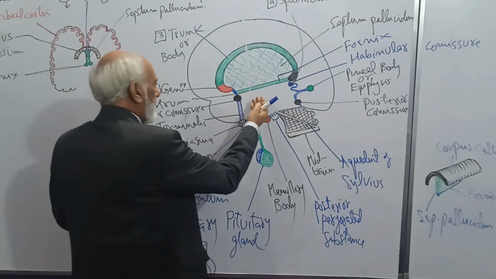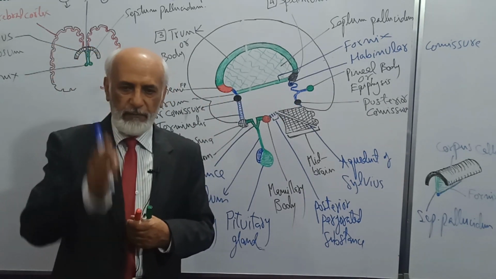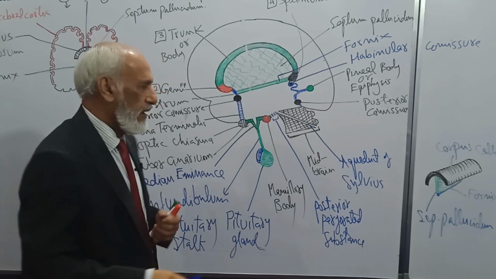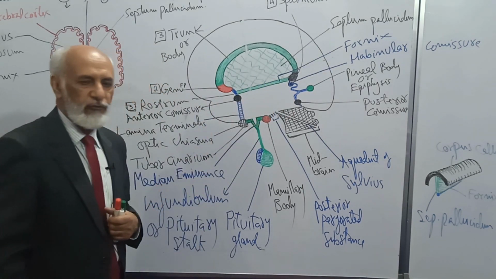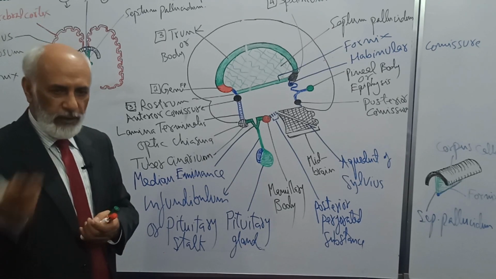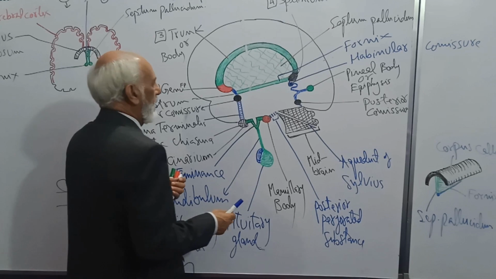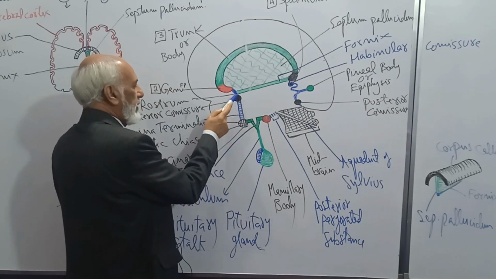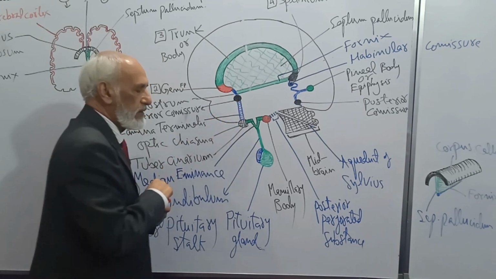Now, this is the cavity of the third ventricle. When we cut a midline section, the third ventricle will be cut. Now, can you see the third ventricle has a roof, mainly formed by the fornix. Of course, on each side, the choroid plexus of the third ventricle. The anterior wall of the third ventricle is formed by the anterior commissure above and lamina terminalis below it.